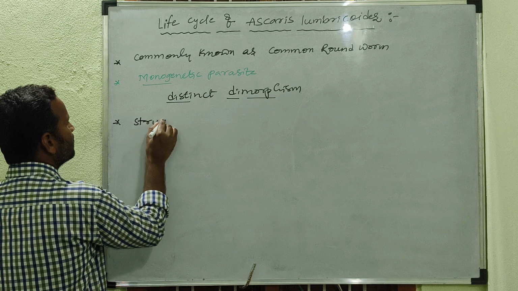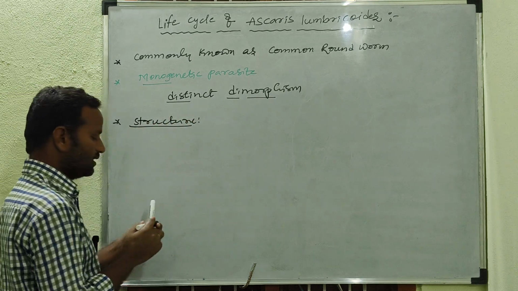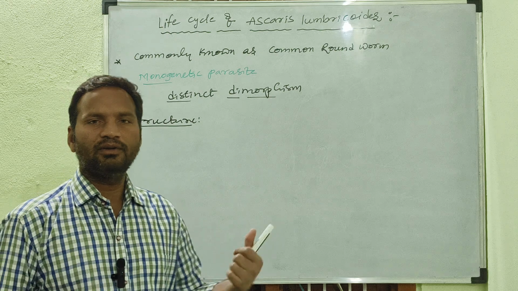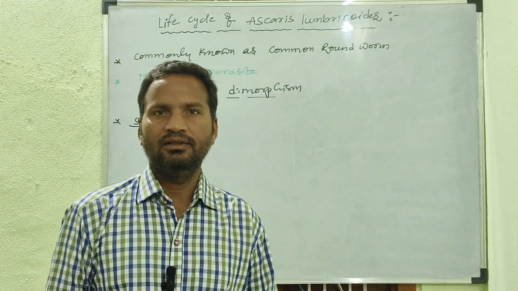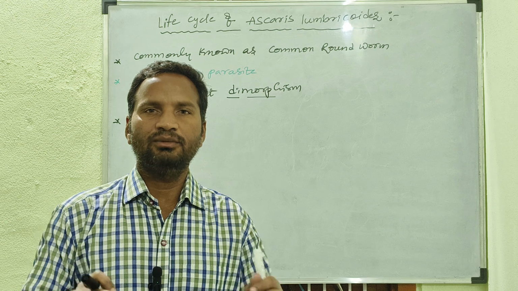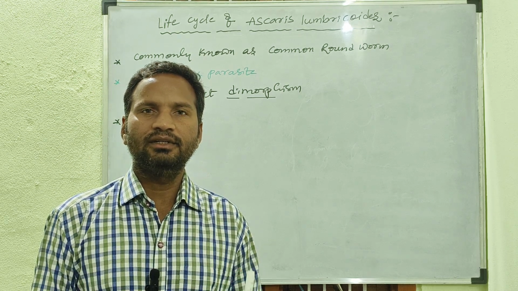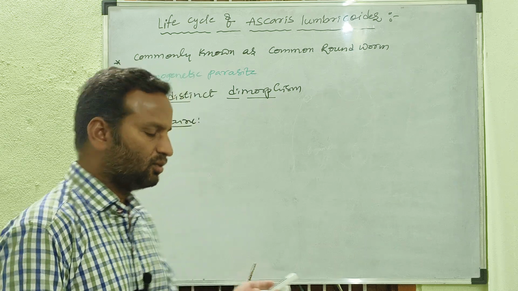The next one, let us discuss the structure. What is the meaning of the structure here? Simple: the sexes are separate, and they exhibit distinct dimorphism. I already told you once again.